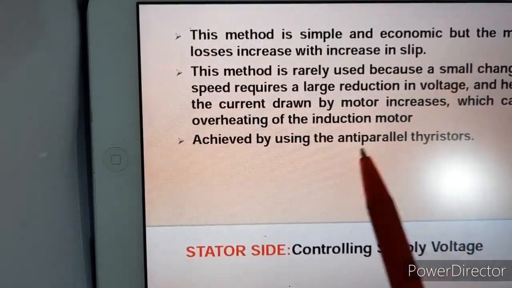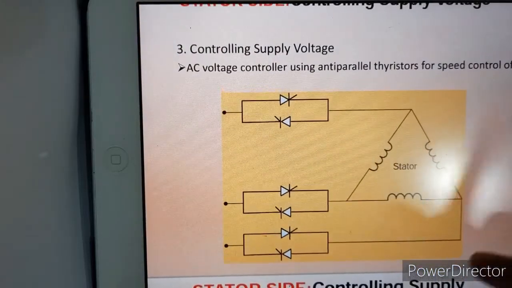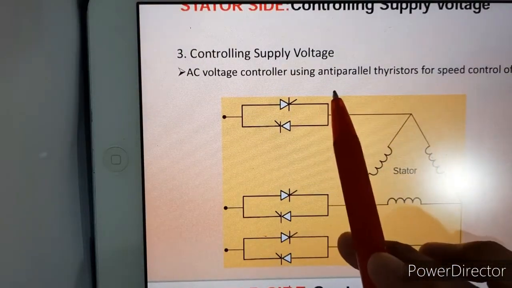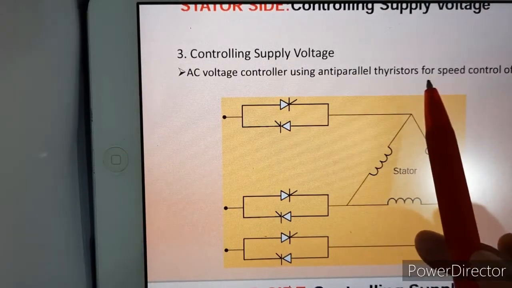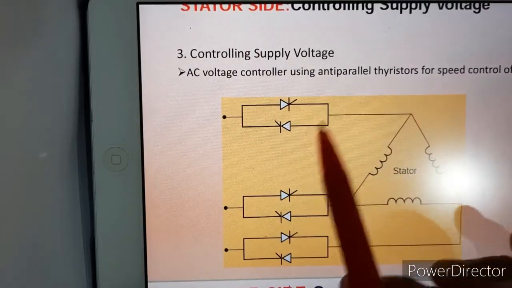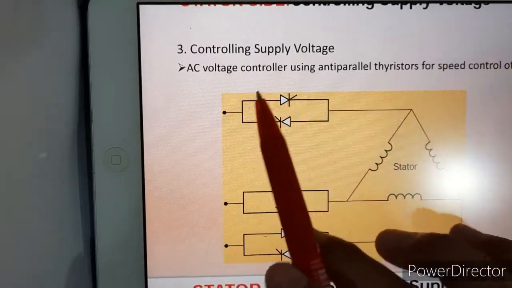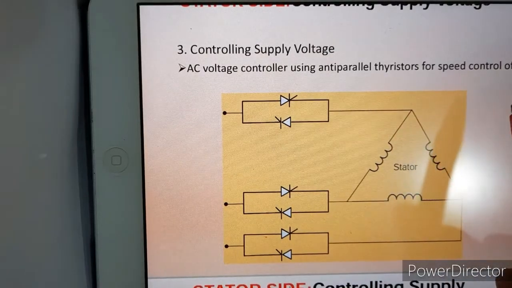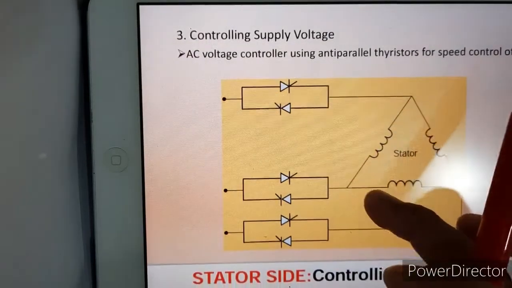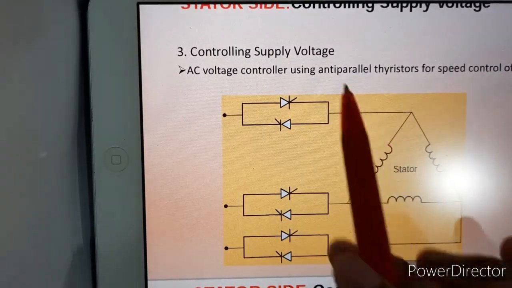This is achieved by using anti-parallel thyristors. Remember, a thyristor is a diode whose firing angle we can control. So this is an AC voltage controller using anti-parallel thyristors for speed control of an induction motor. Why does it mention anti-parallel?